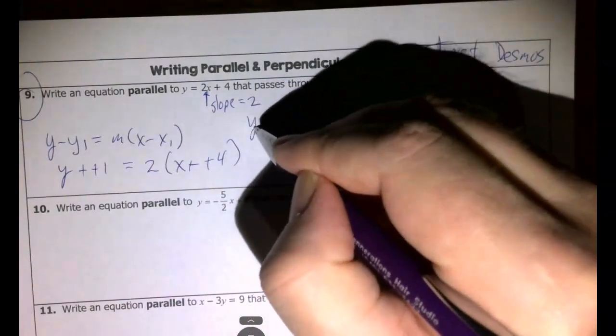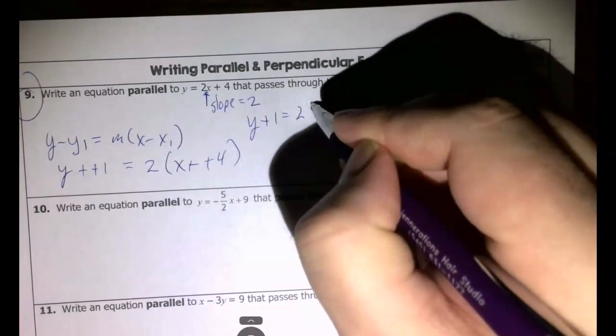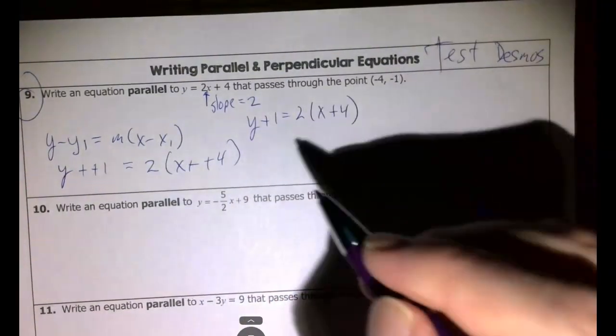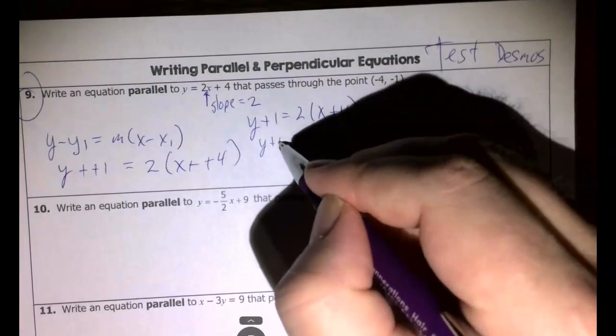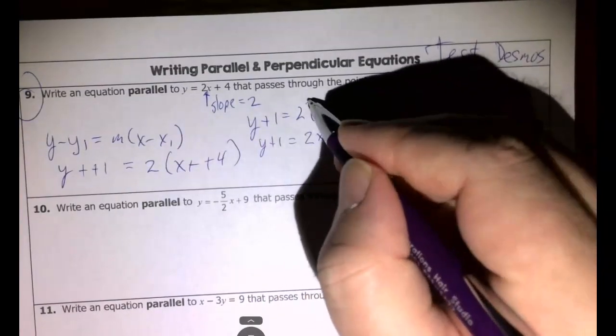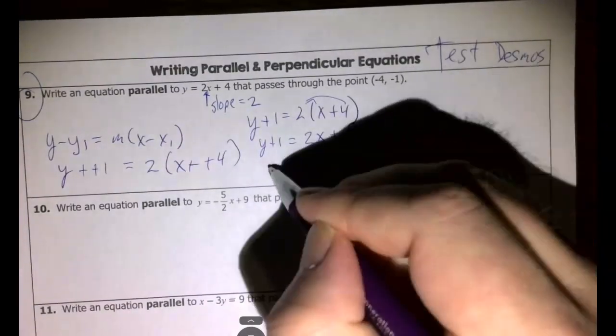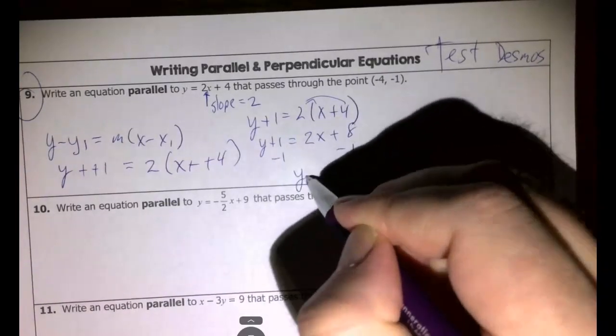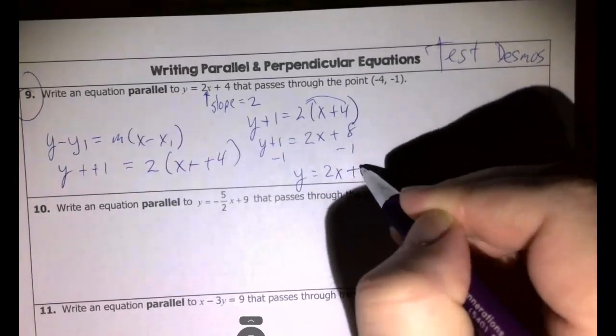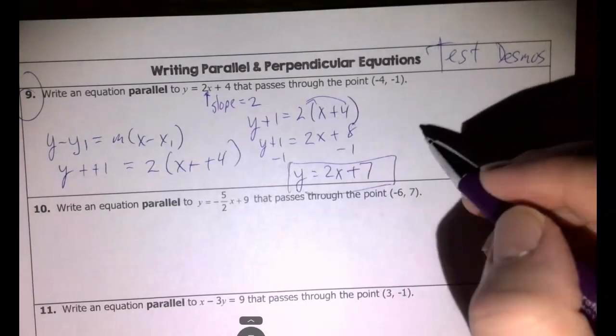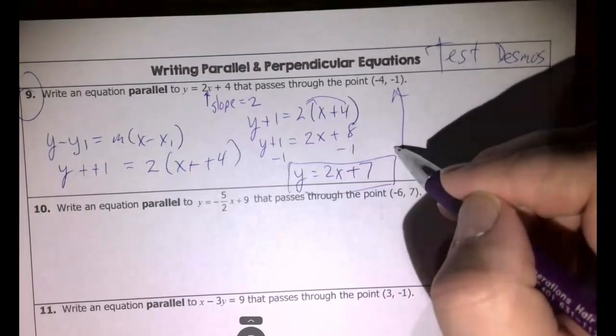Alright, so we got y plus 1 equals 2 times x plus 4. Leave that alone for now. Distribute: 2x plus 8. Bring over the 1. Y equals 2x plus 7. So here's the equation of the line, and here's the point that we're passing through.